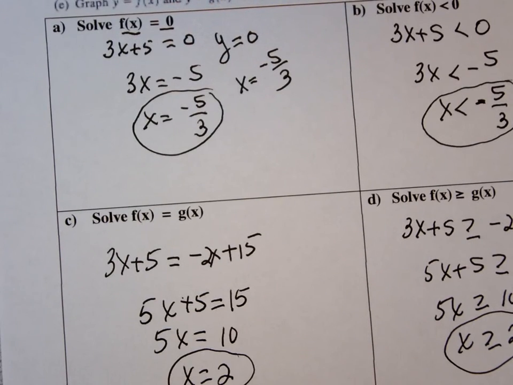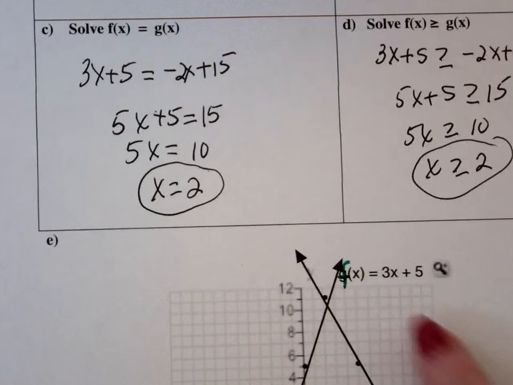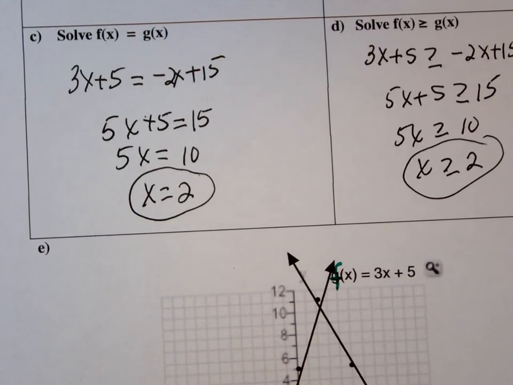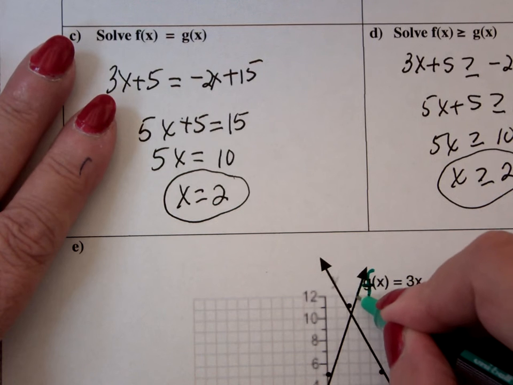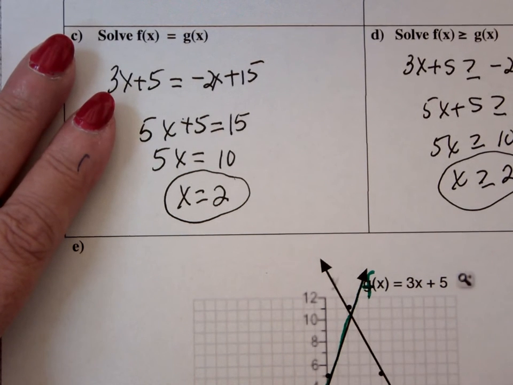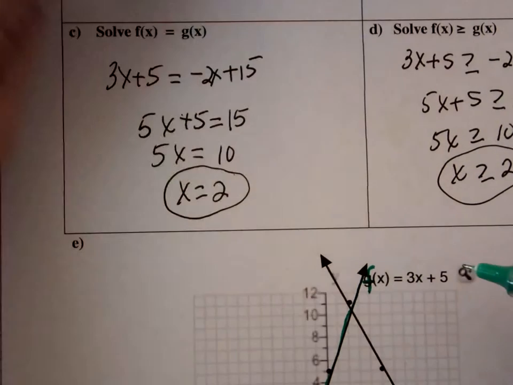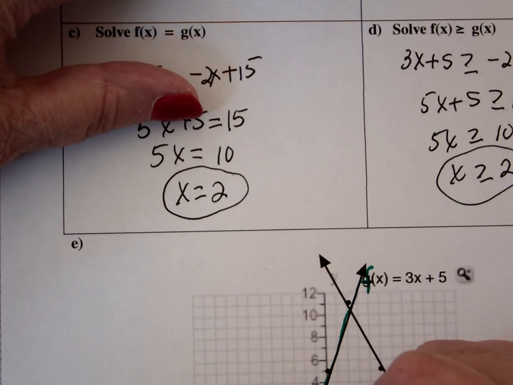This guy right here. This one's f. The other one's g. It says on this guy called f of x, which is this one right here, when y is 0, I'm on the x-axis.